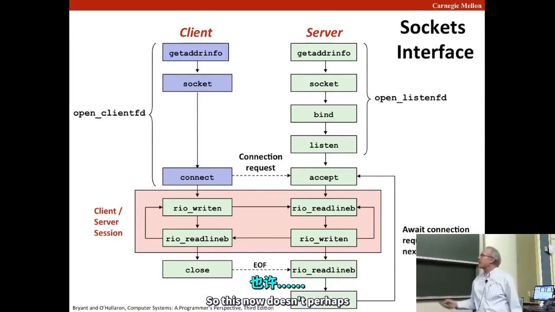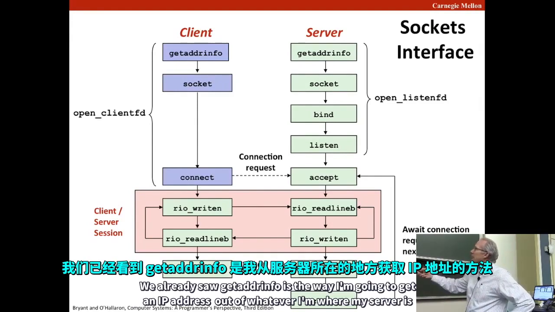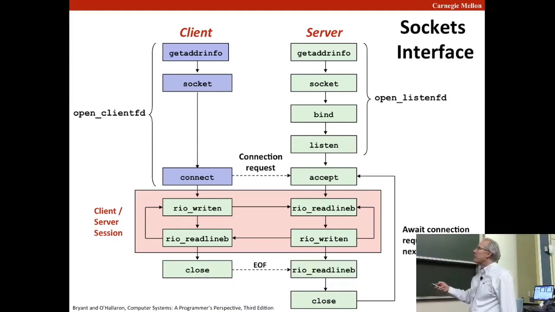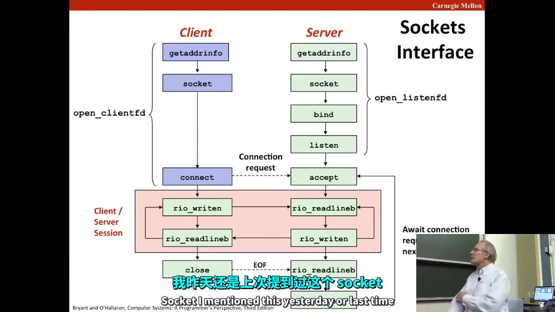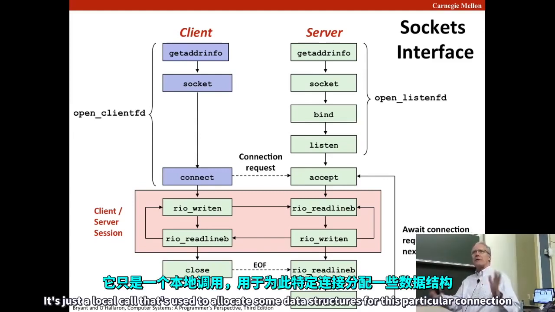So now, when you break it down, maybe this picture looks a little less daunting. We already saw getaddrinfo is the way I'm going to get an IP address out of where my server is. Socket, I mentioned this last time. It's just a local call that's used to allocate some data structures for this particular connection.